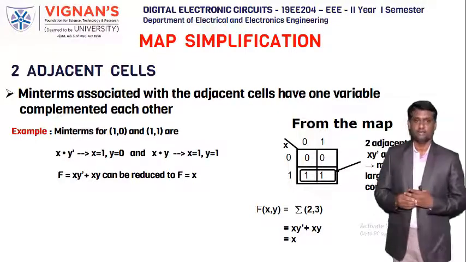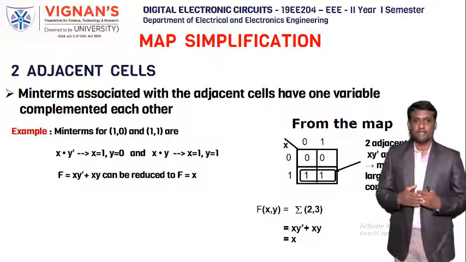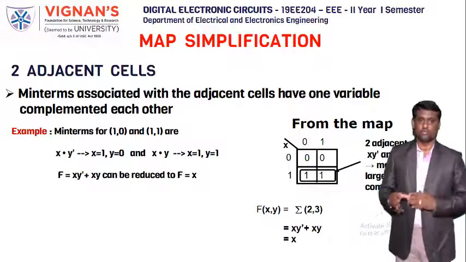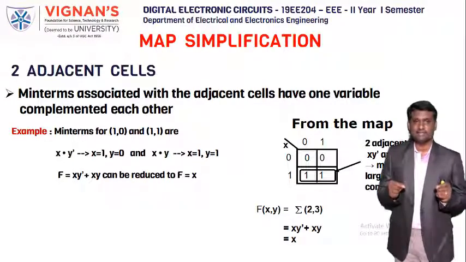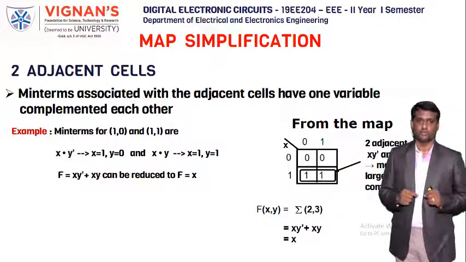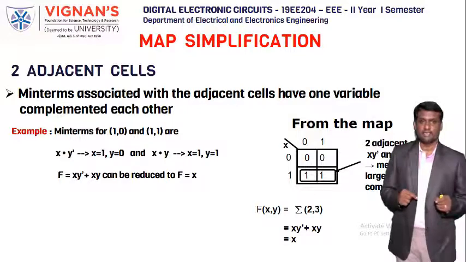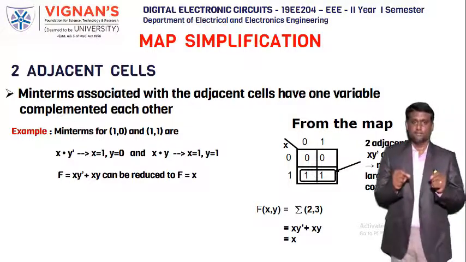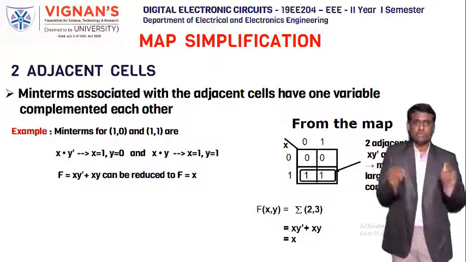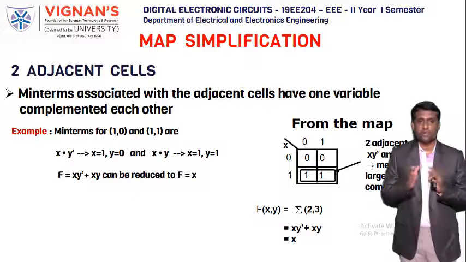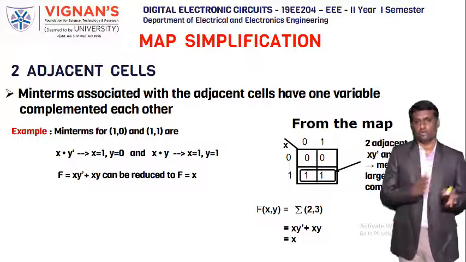In this example, the corresponding adjacent cells are cells 2 and 3. Those 2 and 3 cells are grouped. After grouping, if I observe the respective rows, those 2 are distributed in 2 rows. That's why there is no common row variable.